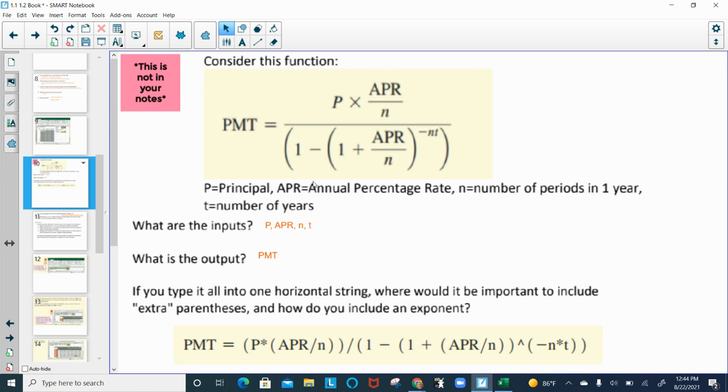So if you were to strictly look at the numerator, what they've done is they've taken this piece, the APR divided by N, and put that into parentheses. And then they've multiplied with an asterisk that whole thing times P.